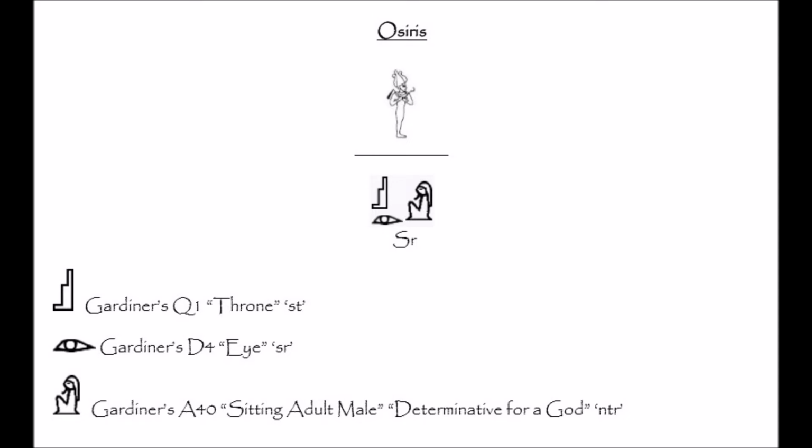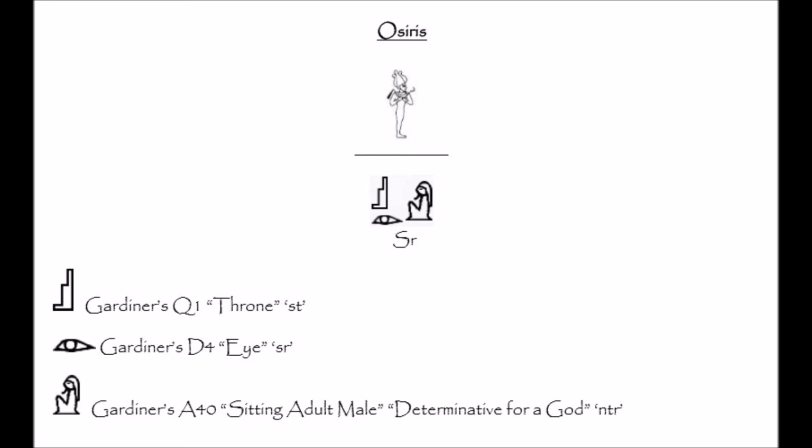And we have here the word for Osiris, or SR, Sir, reading from left to right. You read into the faces, and so you're facing the throne that's on the upper portion.